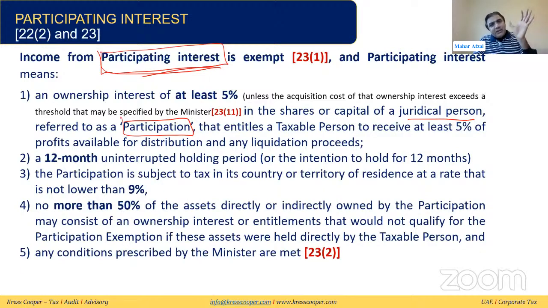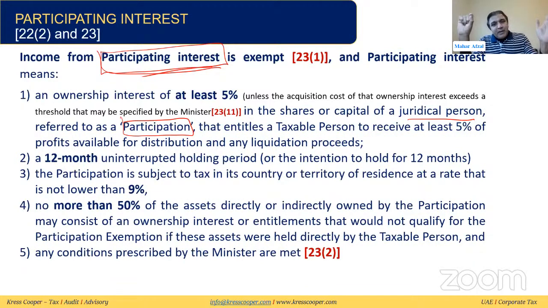What are the assets basically behind the participation? There will be certain assets, and no more than 50% of the assets of the participation should be exempt if these assets were held directly by the taxable person. So these are the conditions. Try to understand this: a UAE company has an investment outside the UAE in a company.